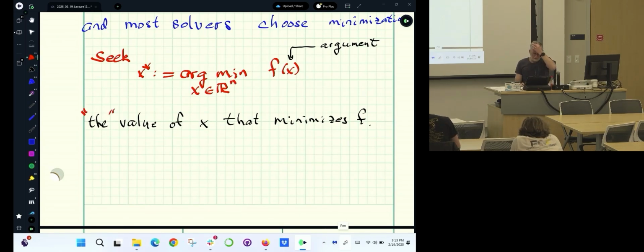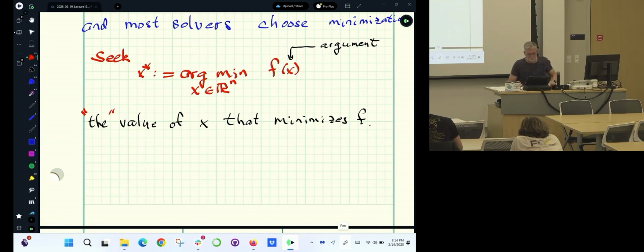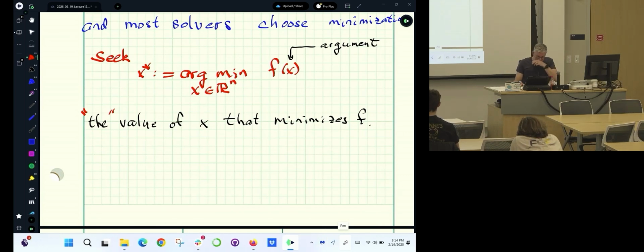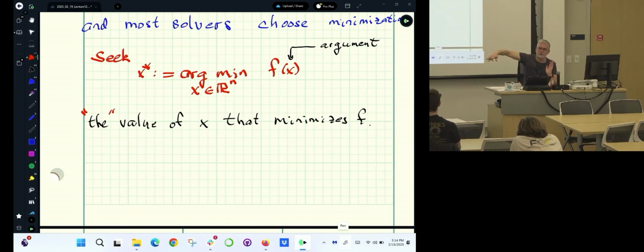Now, I'm going to put the "the" in quotes because, I don't know, just imagine my function were sine of x. It has a lot of minima. Imagine my function is e to the minus x, as we talked. It has no minima.